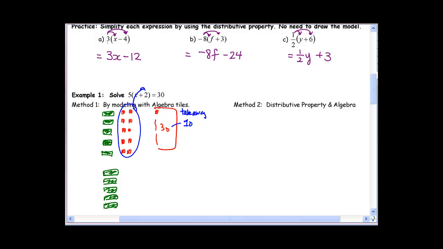And 30 minus 10 is 20. Now notice I'm going to try to redistribute these evenly. 1, 2, 3, 4, 5, 6, 7, 8, 9, 10, 11, 12, 13, 14, 15, 16, 17, 18, 19, 20.